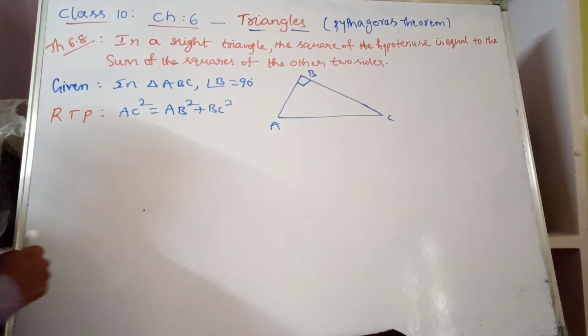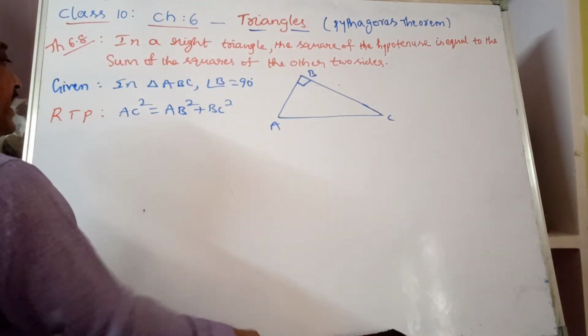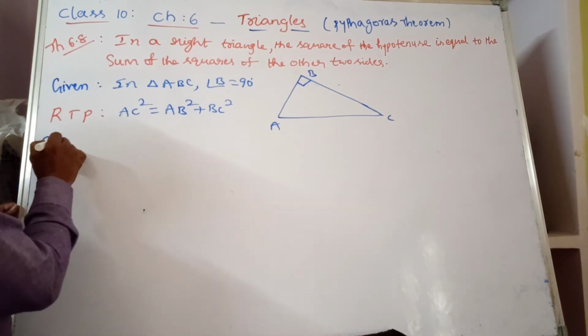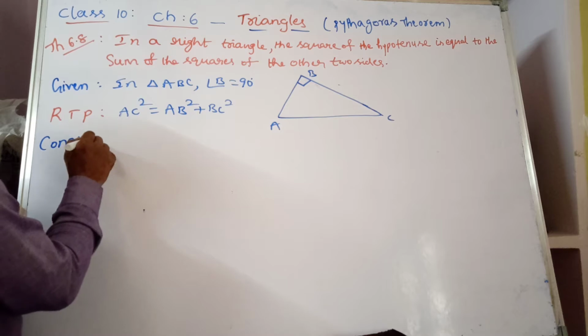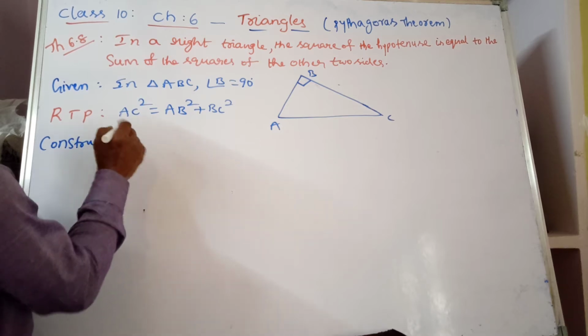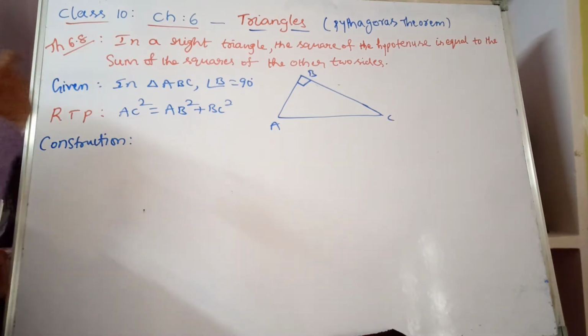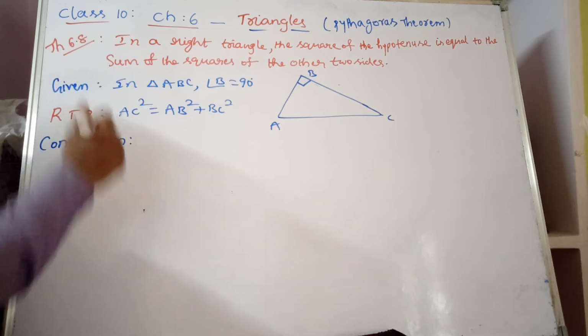Now for that we need some construction. What is the construction? In the previous theorem, what we did was draw the perpendicular from the right angle vertex of the right triangle to the opposite side, that is the hypotenuse.